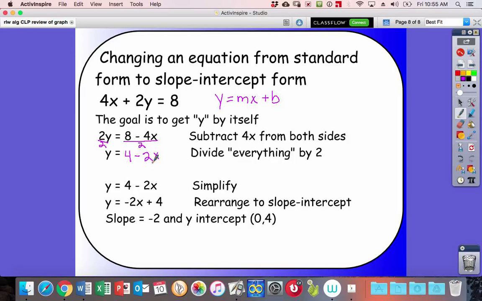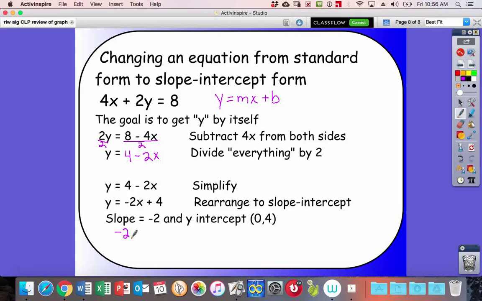Now when I'm here, that's how I simplified it, I want to rearrange it because I would like my x in the front. Right now this is a positive 4 and this is a negative 2x. If I want to rearrange it, I'm going to bring the negative 2x to the front and the 4 in the back. Now I know my slope is negative 2.